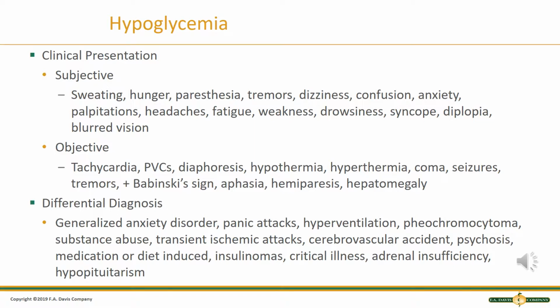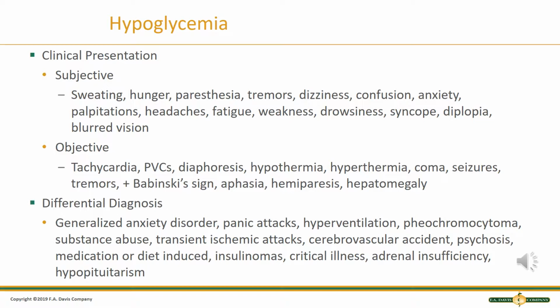Your objective findings that you are likely to see are an increased heart rate and maybe some PVCs. Patients would be diaphoretic, or they might have hypothermia or hyperthermia, and tremors. There's a positive Babinski sign.